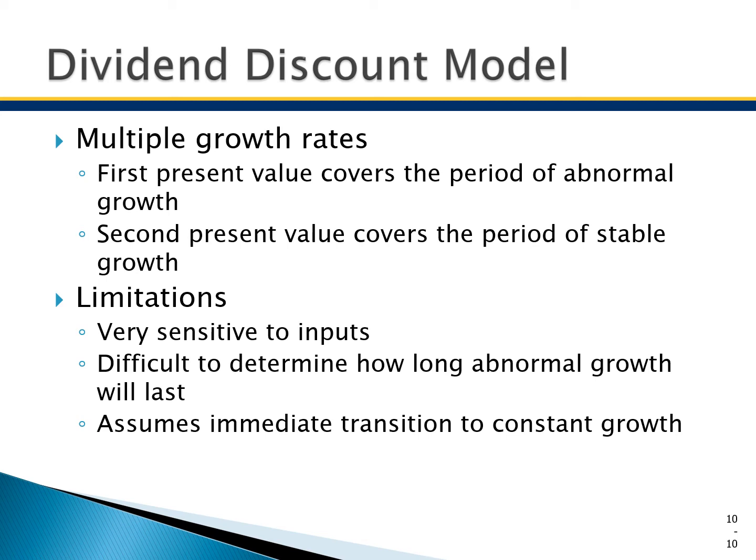So they are very sensitive to inputs. Whatever you are putting in, it will give a different kind of output. Then it is difficult to determine how long the abnormal growth rate will last. Because of the recessionary period or the situation which is there, there are abnormal growths, so it can be difficult for the analyst to find out how long this abnormal return will last, and then assume an immediate transition to constant growth.